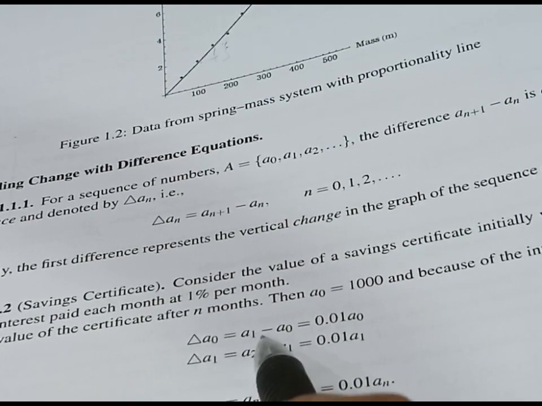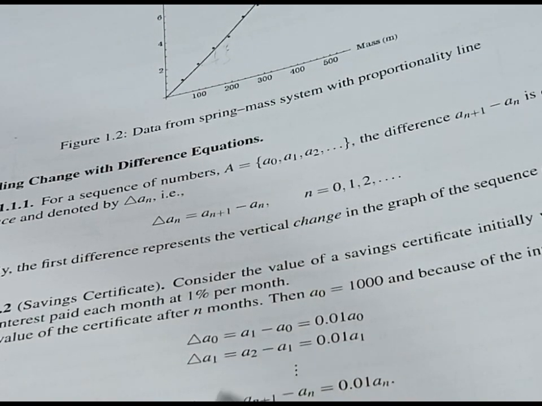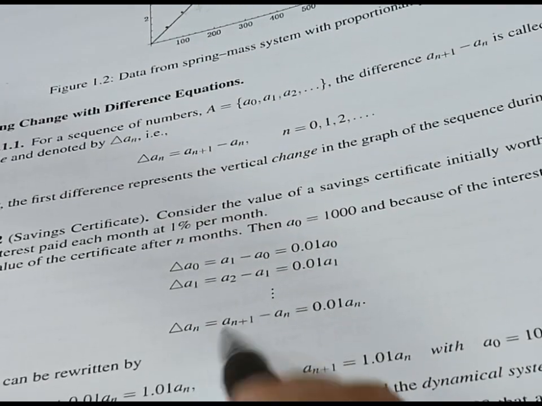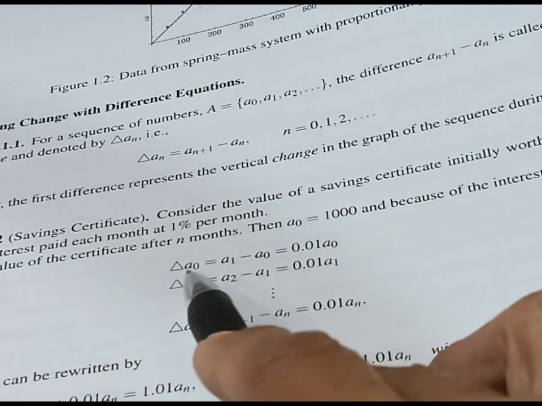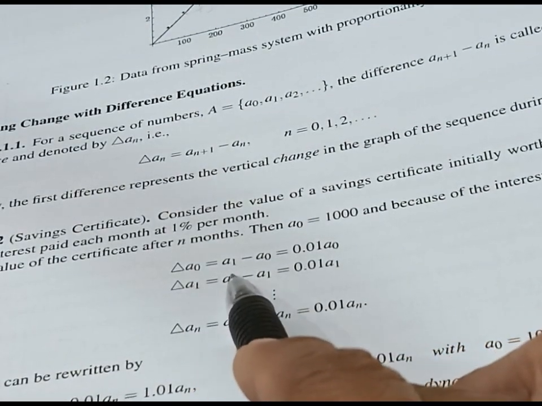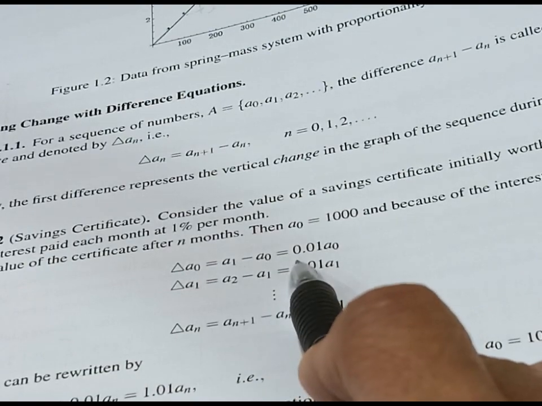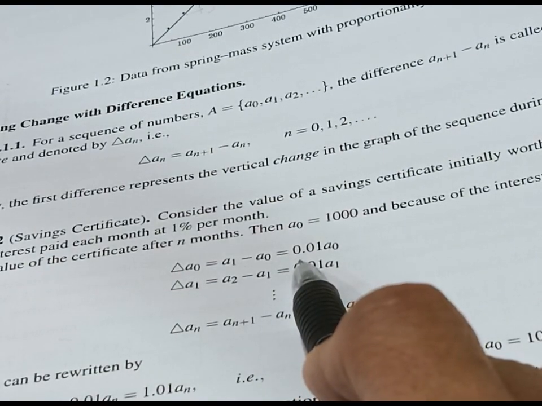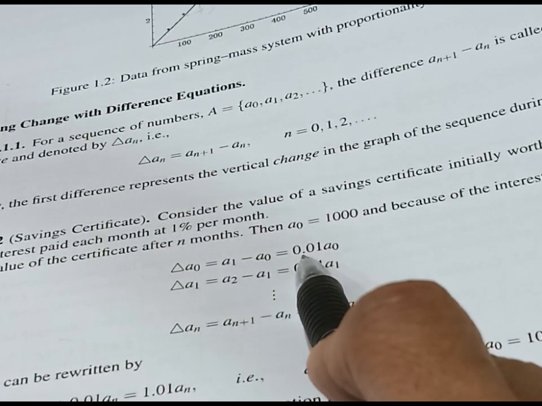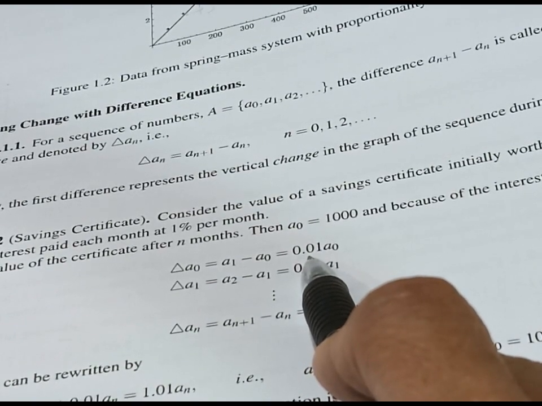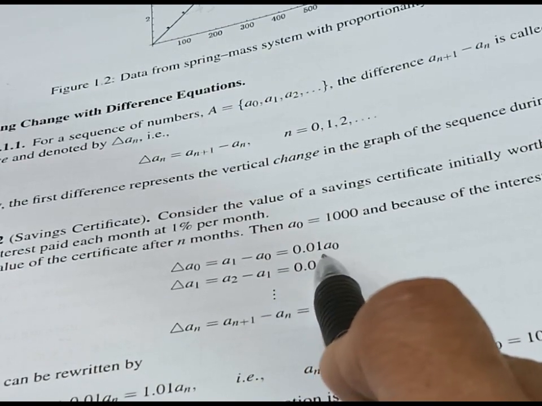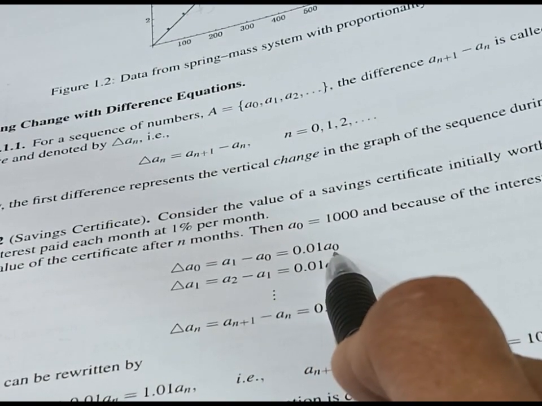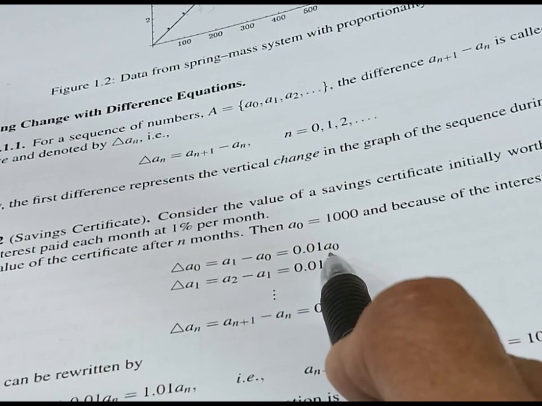Delta A1 is A2 minus A1, until delta a_n is a_{n+1} minus a_n. Okay, since delta A0 is A1 minus A0, we know the initial value and the interest is 1%, which is 0.01 when converted into decimal. 1% is 0.01 multiplied by the initial value 1000, which is A0.